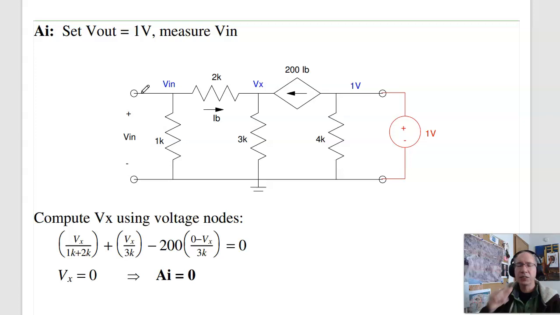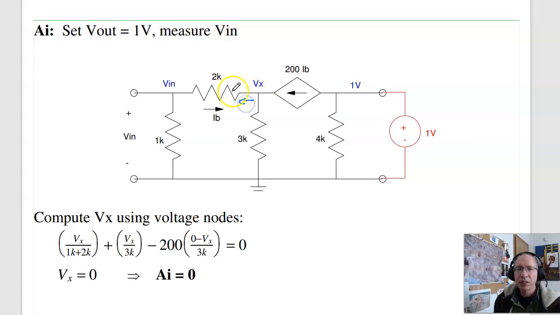In this case, what I can do is at Vx, the currents have to add to 0. So the current left is Vx divided by 3K plus Vx over 3K plus this current. This current is minus 200 IB, and IB is this current, 0 minus Vx over 3K.